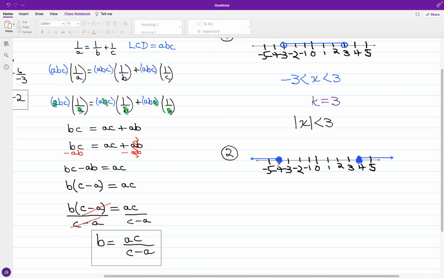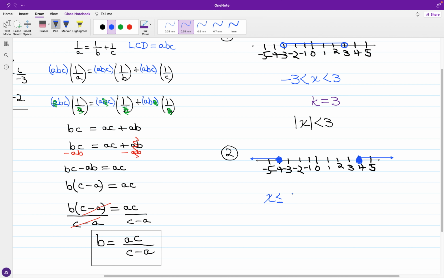So our starting points, we have negative 4 on the left, positive 4 on the right. And both negative and positive 4 are equidistant from 0. So for the left-hand side, we want to have that x is less than or equal to negative 4. And at the other end, we have that x is greater than or equal to 4.